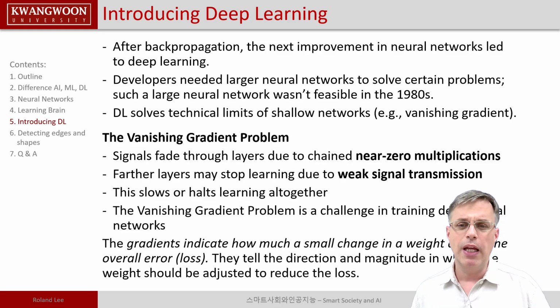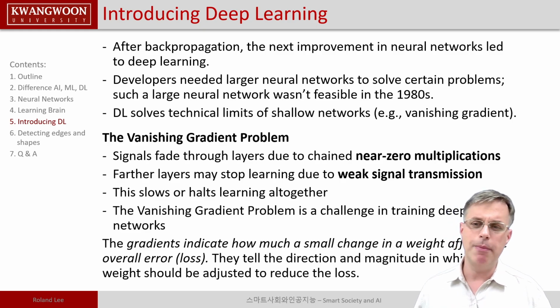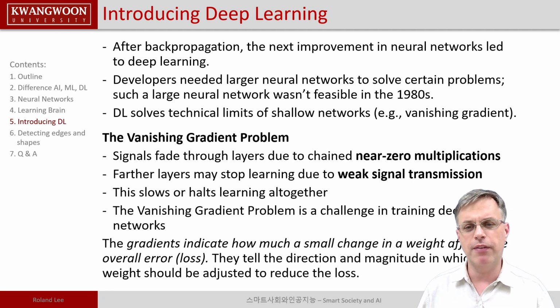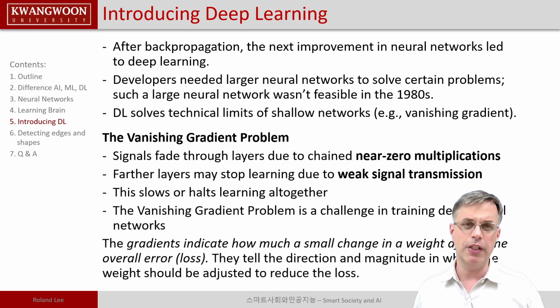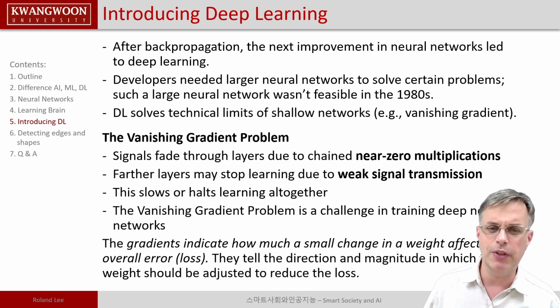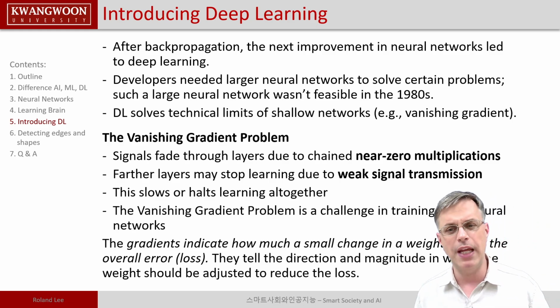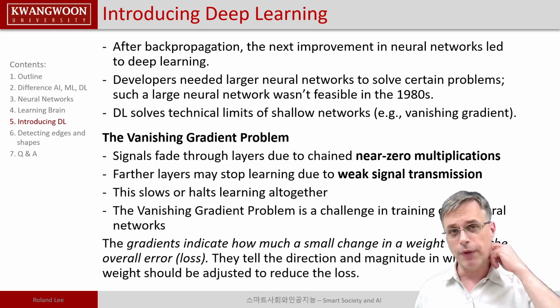So anyway, neural networks overcame technical problems such as the vanishing gradient, which limits the dimensionality of neural networks. Developers needed larger neural networks to solve certain problems, so large that creating such a large neural network wasn't feasible in the 1980s. That caused the problem of the winter, so that's why the development stopped.